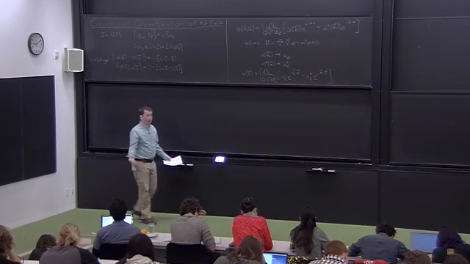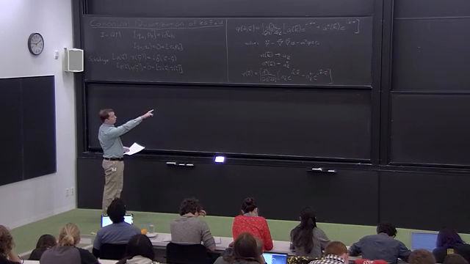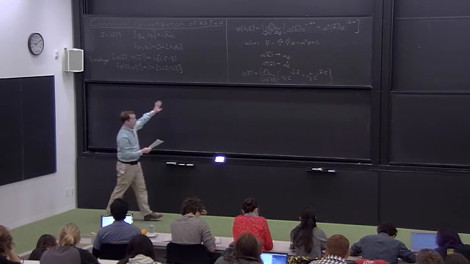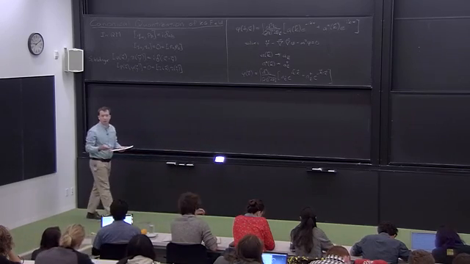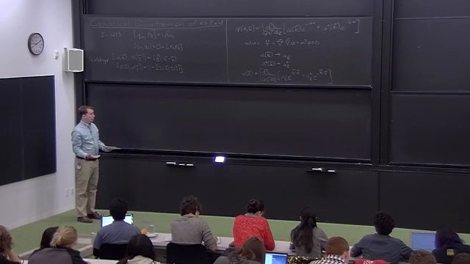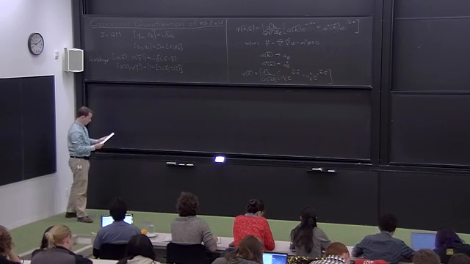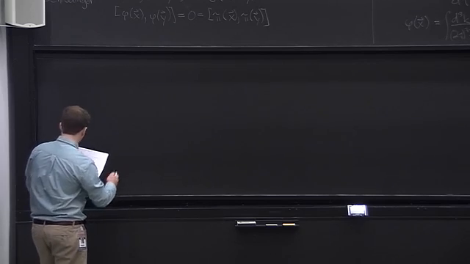And you'll work out the details of how to go from these commutation relations and this expression to the commutation relations for the creation and annihilation operators in tutorial this afternoon. I'll just give you the results now.